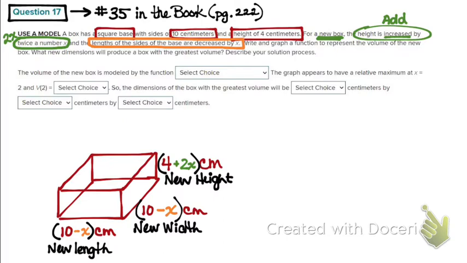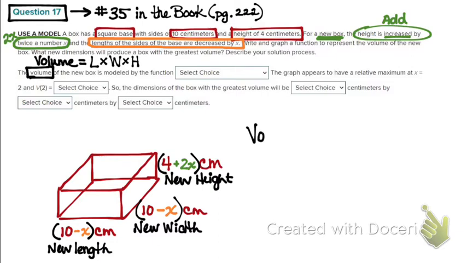It said write and graph a function that represents the volume. How do you find volume? How do we find volume for a three-dimensional object? Length times width times height.